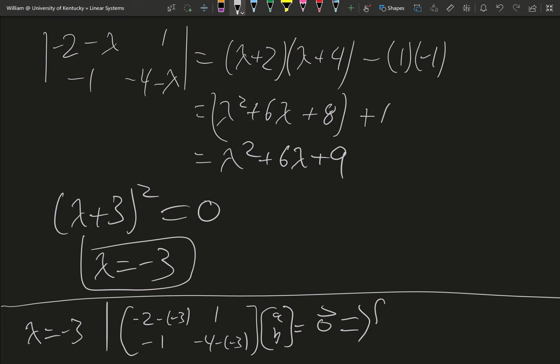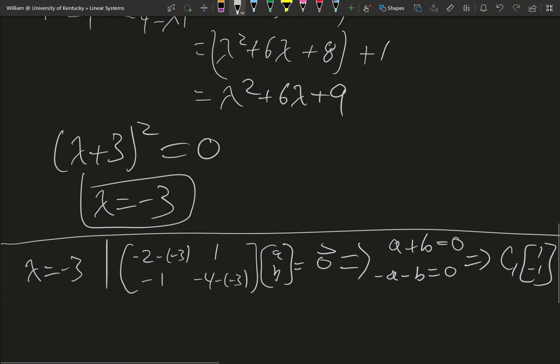What we'll get is A plus B equals 0 up top, and negative A minus B equals 0 down below. So A is just equal to negative B, so in general our eigenvector looks like C1 (1, -1).